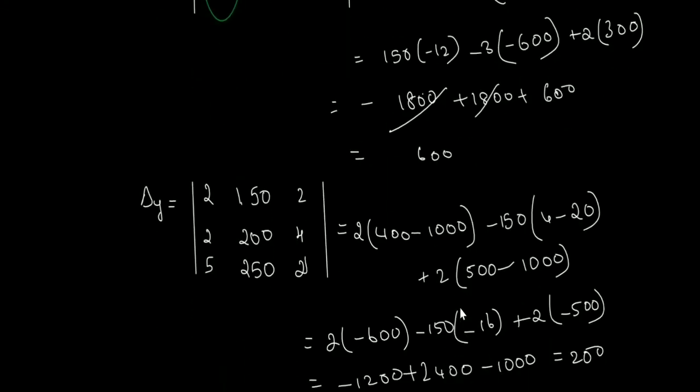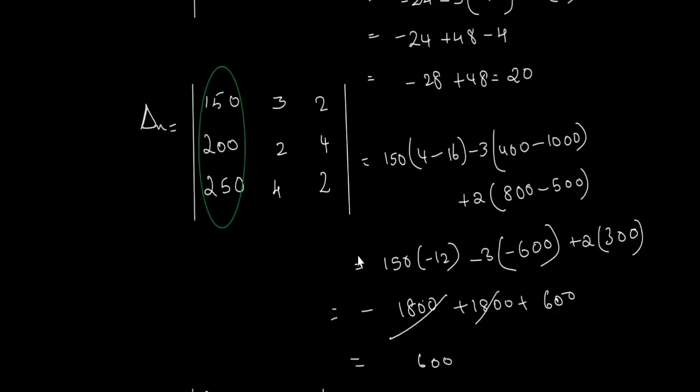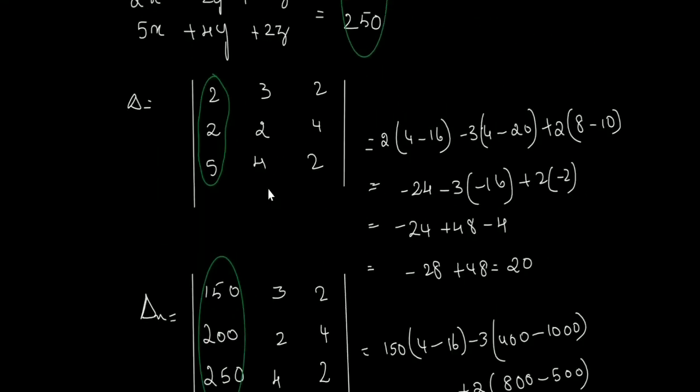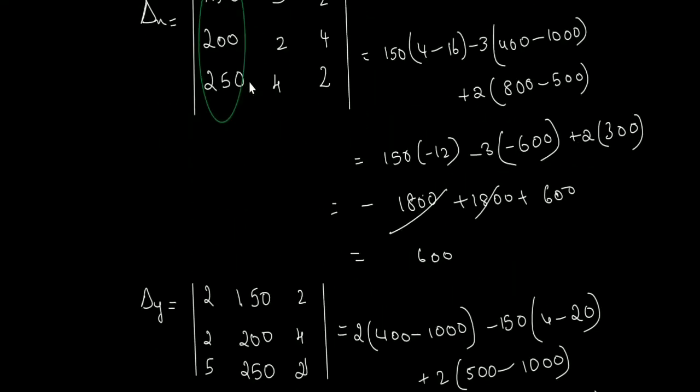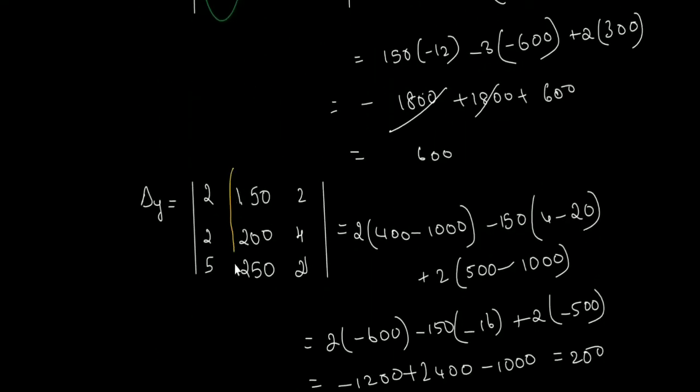Now we have to find delta y. So how do you find delta y? From delta, the second column should be replaced by the constants. The second column of delta y is replaced by the constants. So now expand this. 2 into 400 minus 1000, minus 150 into 4 minus 20, plus 2 into 500 minus 1000.